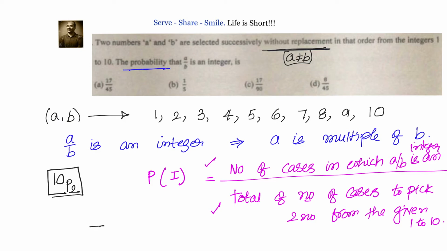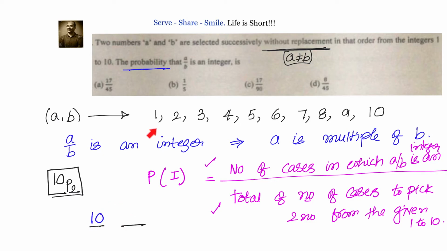Otherwise the other option we can do is, now these are the two numbers we want to pick from these 10 numbers. When I go to the first number, any one of these 10 numbers can be placed here. That means I have 10 options for that. Now next, when I go to the second number, we have been told that it is without replacement, that means that number is gone.